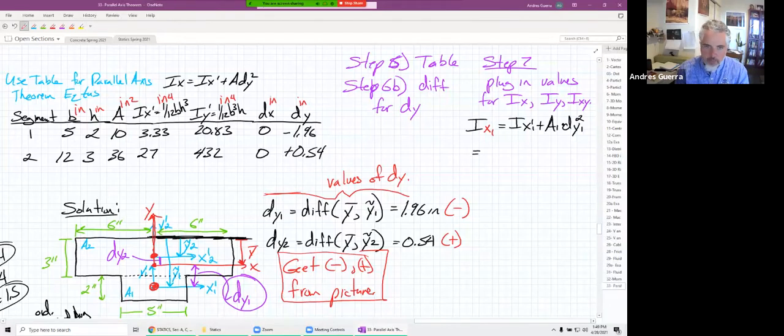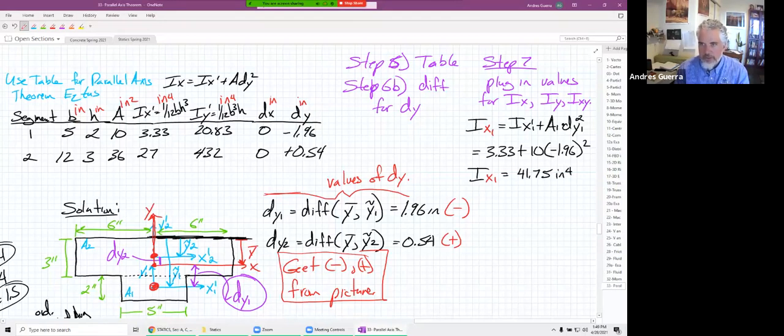So that's going to be equal to 3.33 plus A1, which is 10, times d sub y1, which is minus 1.96, squared. And so we're going to get Ix1 equal to 41.75 inches to the fourth.